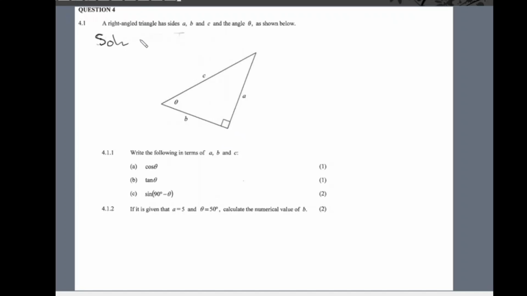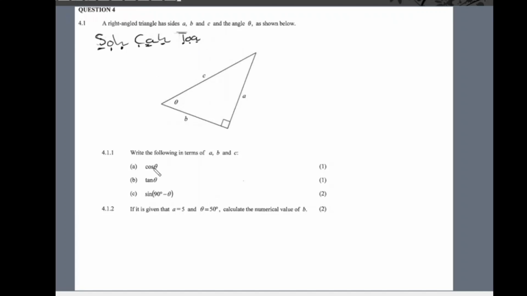So sizoba no uSOHCAHTOA lapho sithi sine is opposite over hypotenuse, cos is adjacent over hypotenuse, and tan is opposite over adjacent, right?